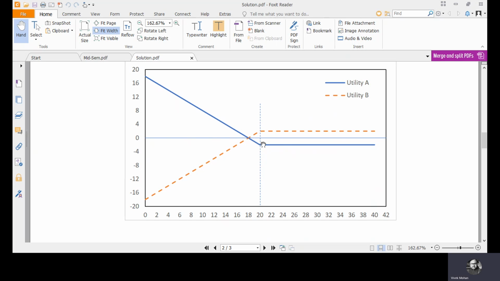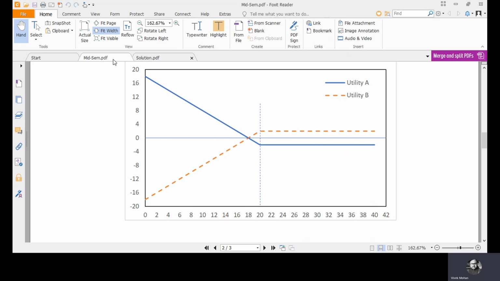So this is the profit curve for utility A. Now for this constant characteristic of utility A, there is a corresponding profit for utility B, because this is a loss for utility A. So beyond this point, it is a profit for utility B, and it is the same amount, which is 2. Here it is minus 2, here it is 2. Okay, and the break-even point is same.